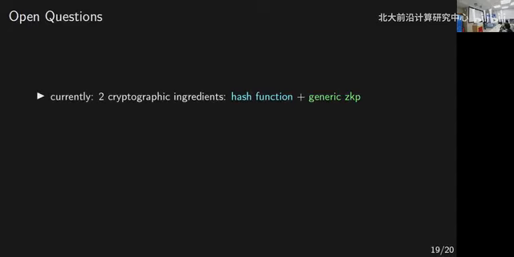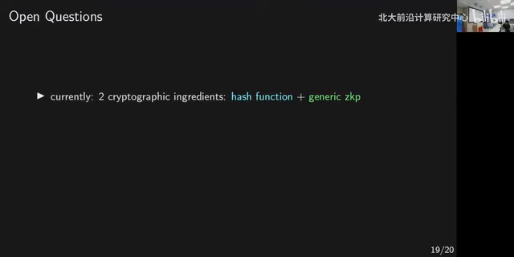In terms of open questions, mutator sets as designed in this paper and articulated in this presentation, they require two cryptographic ingredients, a hash function and a generic zero-knowledge proof. Well, I say generic, but the zero-knowledge proof is actually highly specific with a rather involved computation.